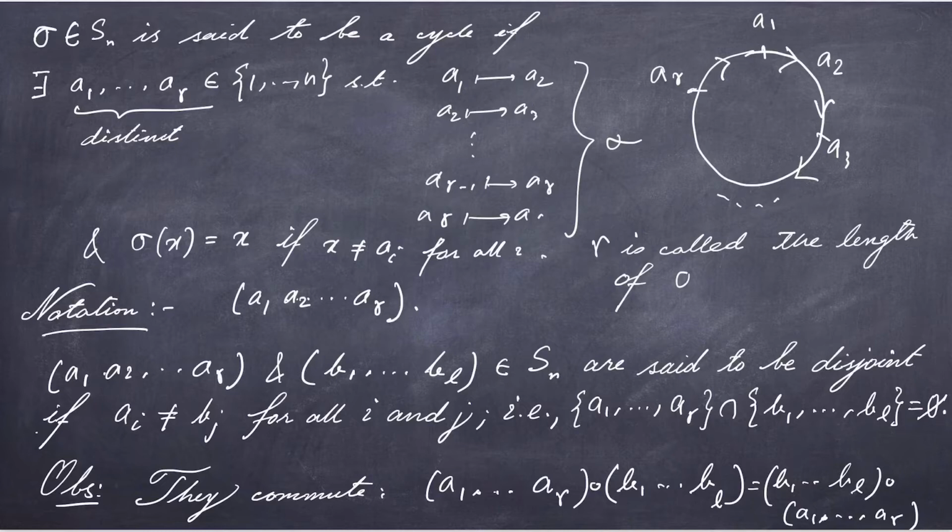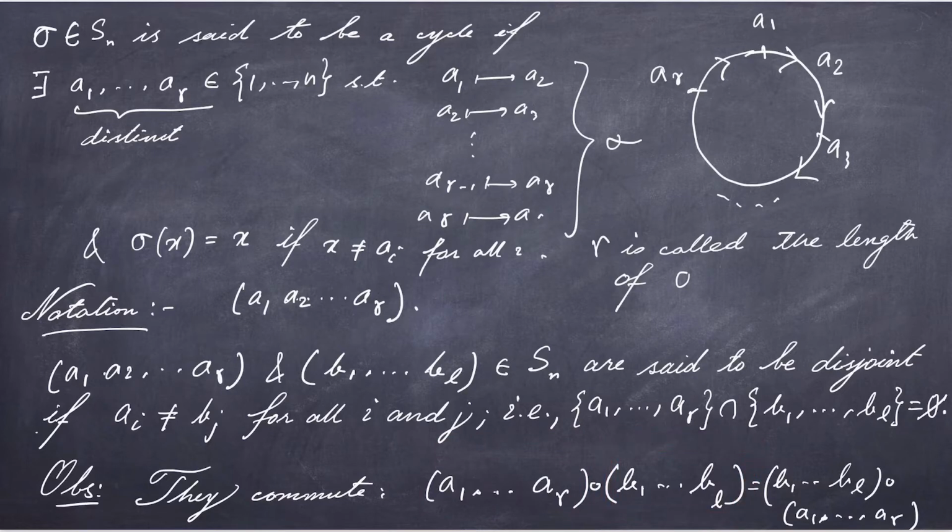One thing to note regarding disjoint cycles is that disjoint cycles always commute. That's very easy to see, since this one only moves the bj's, and all the ai's are left fixed by this permutation, and similarly this one moves the ai's, and all the bj's are left fixed by it.